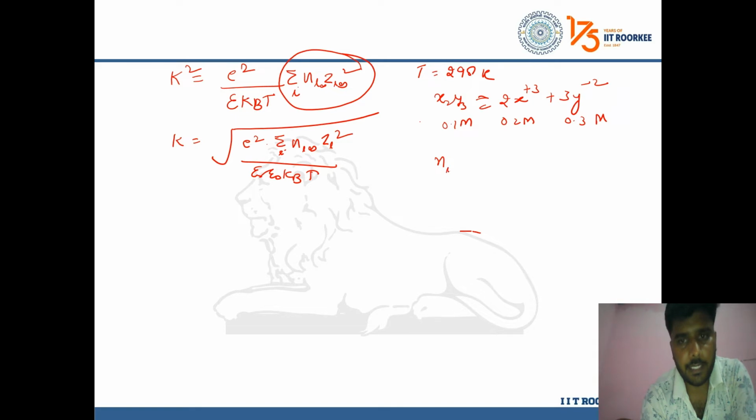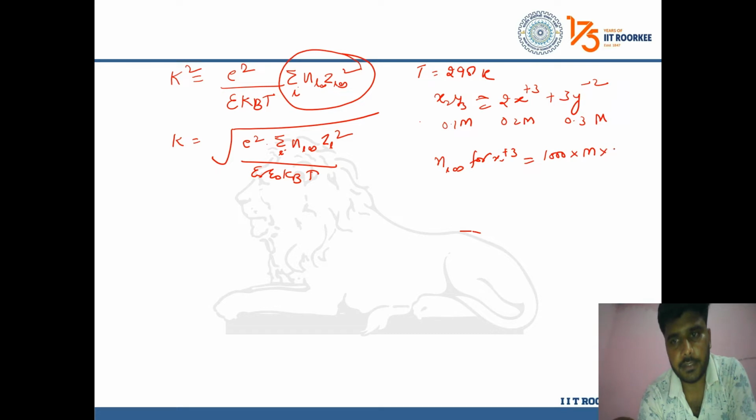If I calculate this value for X with charge plus 3, it will be 1000 multiplied by its molar concentration and the Avogadro number, to find the number per meter cube.